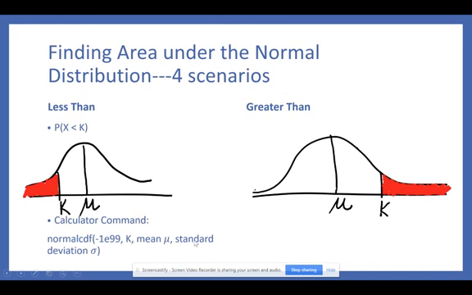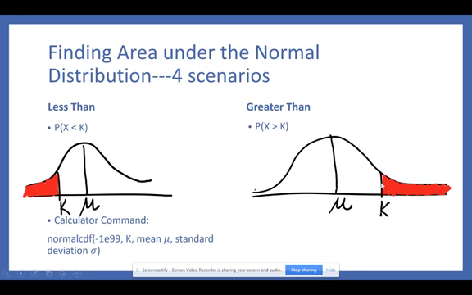The second scenario you could have, it would say something like greater than, more than, it could be at least. So in symbols you'd have the probability P, parentheses, X, the variable, is greater than K. In terms of your picture, you would have a horizontal number line, our bell-shaped distribution with the mean in the middle, and then K, which is our point of interest.